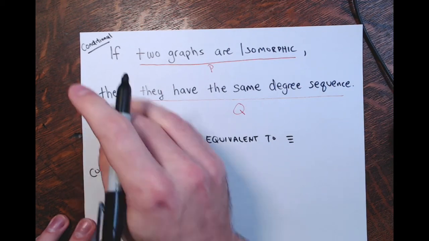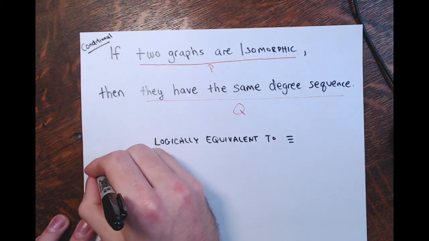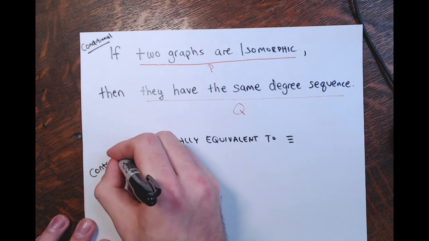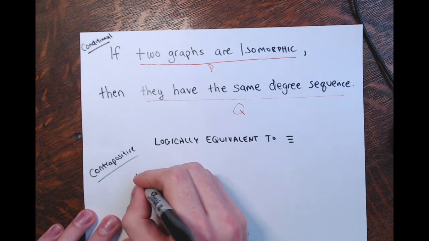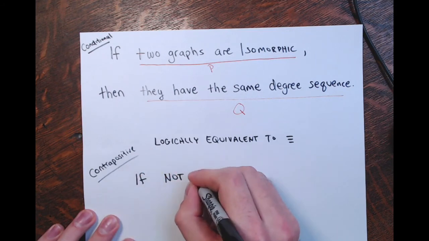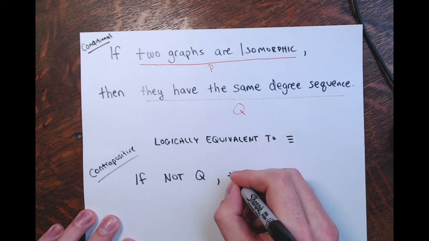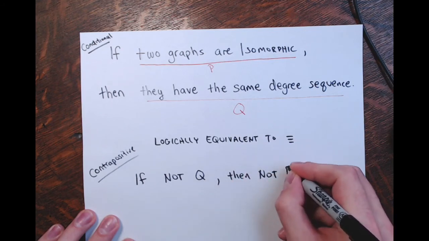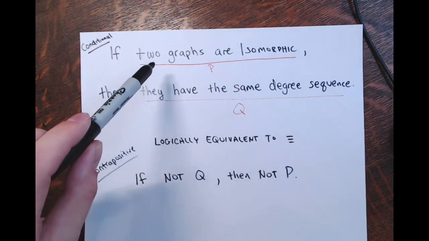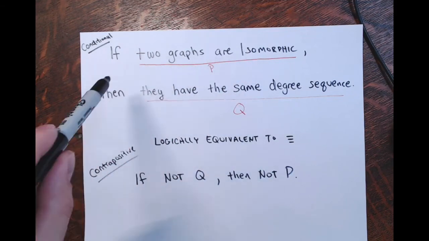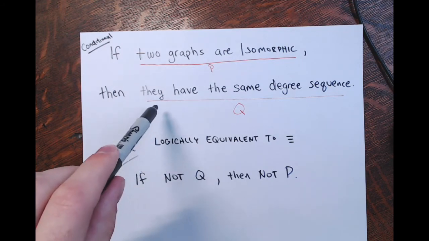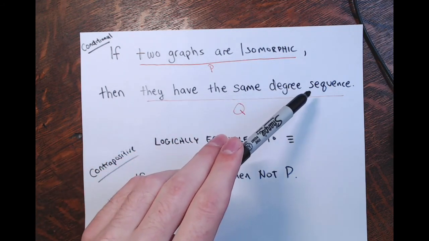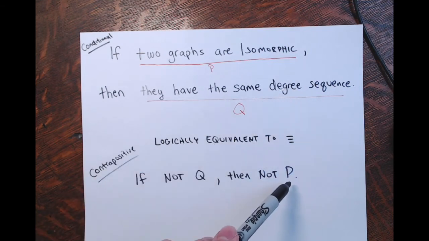Remember, every if P then Q was logically equivalent to the contrapositive, which would be if not Q, then not P. So if two graphs are isomorphic, then they're going to have the same degree sequence. The contrapositive of this is if they don't have the same degree sequence, then they're not isomorphic. All right, so that's true.